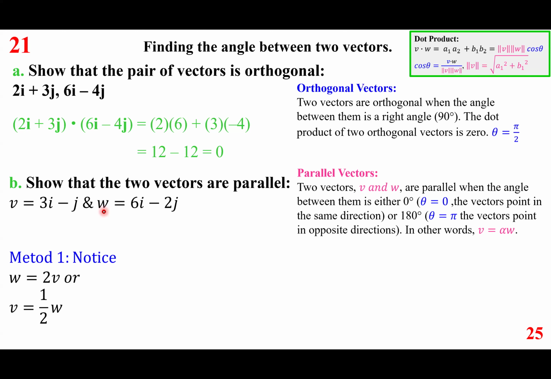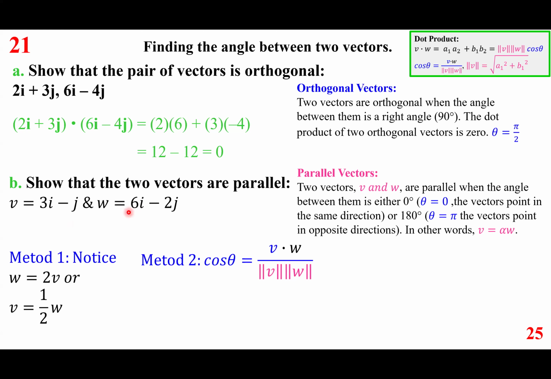The second method is to use this formula and find the cosine. So to dot them, 3 times 6 is 18, plus negative 1 times negative 2 is plus 2. The magnitude of this one is 3 squared plus 1 squared, which is 10.